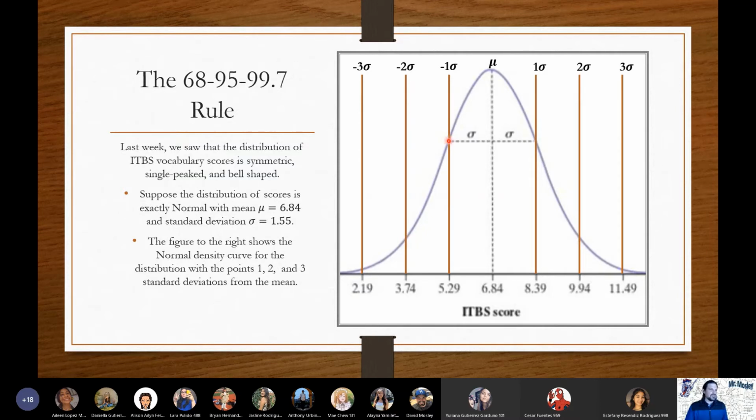And again, if we mark these points on our curve, these are the points at which the amount the curve is declining changes the most, essentially. And so we have 1, 2, and 3 standard deviations to the left and to the right. Okay.